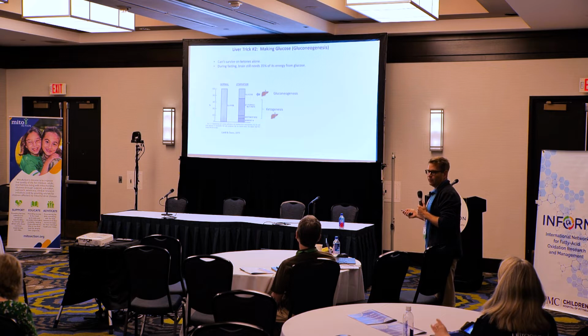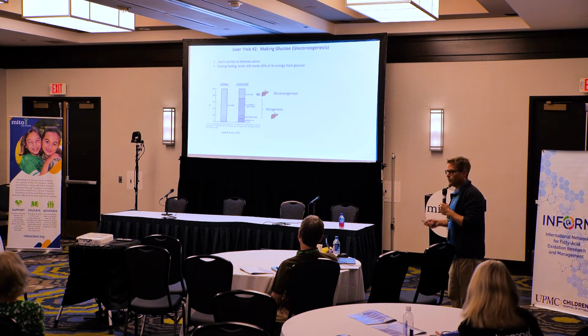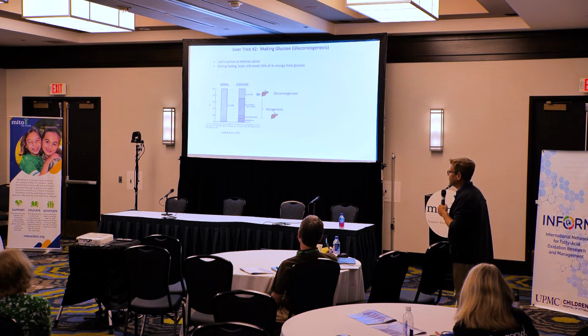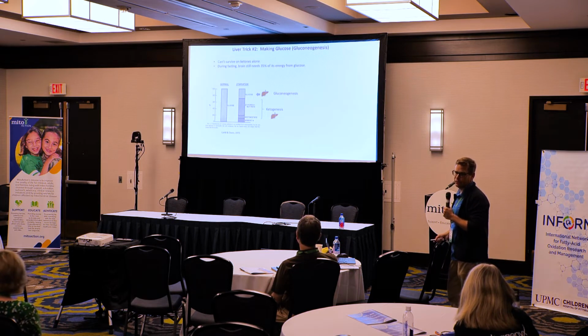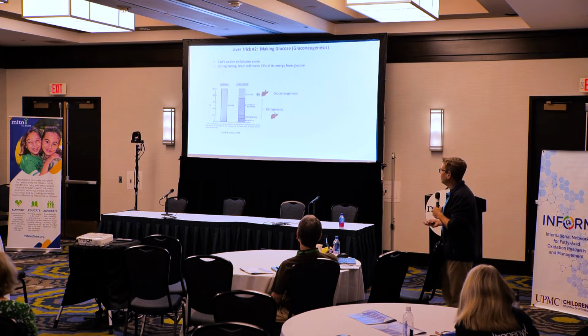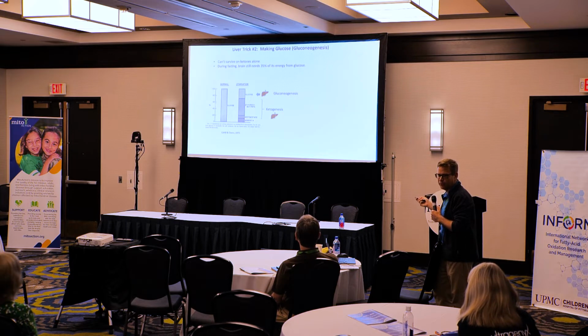So now let's talk about the liver's second trick, which is making sugar or making glucose, which we call gluconeogenesis. So the brain can't survive on ketones alone during fasting. Even during an extended fast, like days of fasting, it was found that the brain, if I could point under where it says starvation, and you see I have an arrow by glucose.